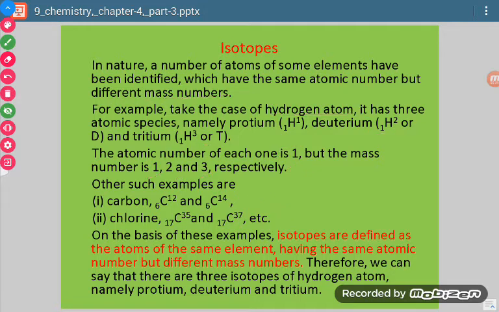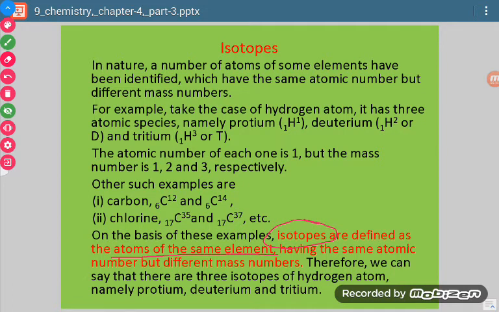So what can we conclude from these examples? We can conclude that if an element can exist in two or more forms in which the atomic number is the same but the atomic mass is different, then all such species are known as isotopes. We can define it again. Isotopes are atoms of the same element, so the first quality is that they are atoms of the same element.